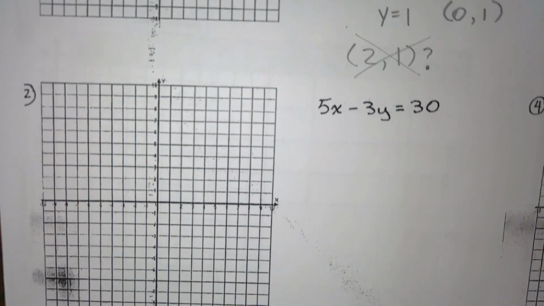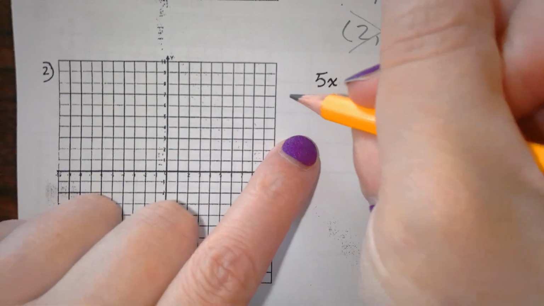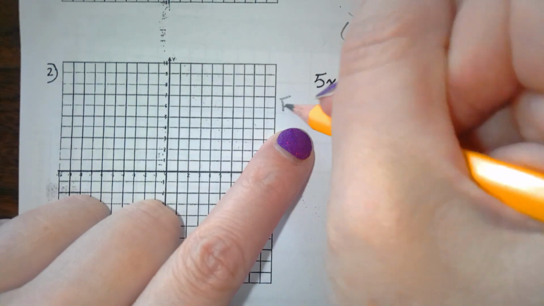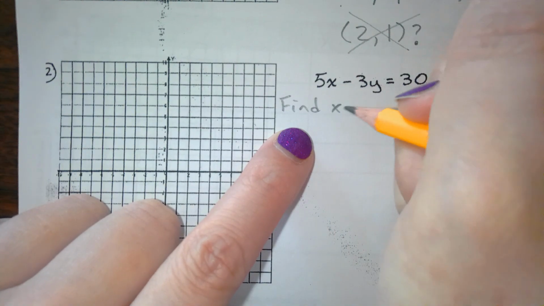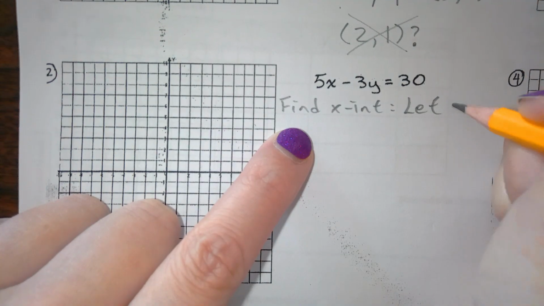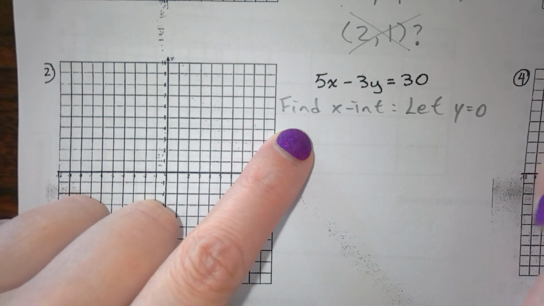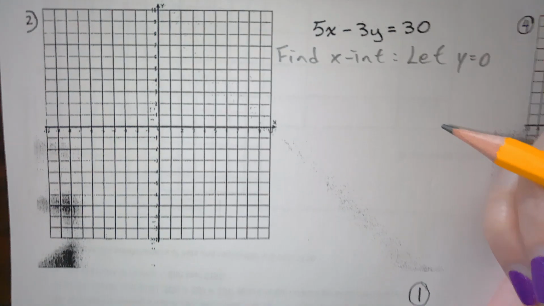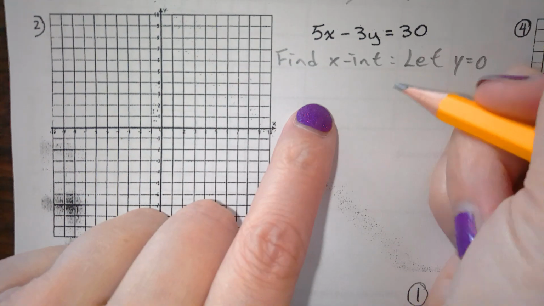Okay. So same format, same idea. So to find the x-intercept, I'm gonna let y equal 0. You don't have to write all this. I'm just writing it so that you're used to the format. You're used to you know what you're doing. Okay.